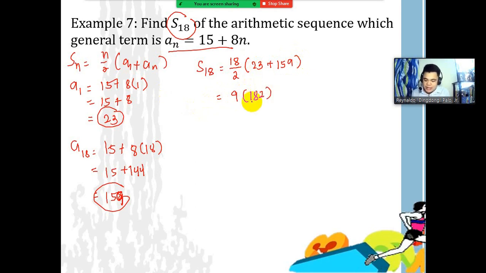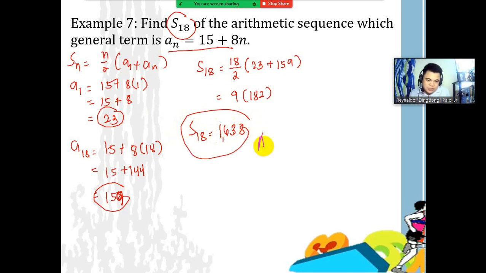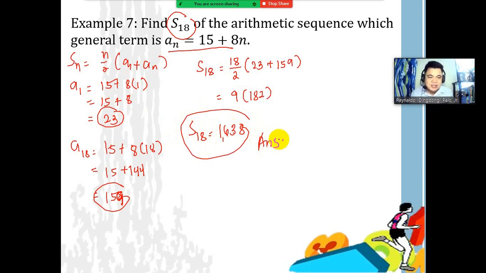Then multiply 9 times 182, which is 1,638. So this is now the sum of the 18 terms of the sequence given the general formula a sub n equals 15 plus 8n. Okay?